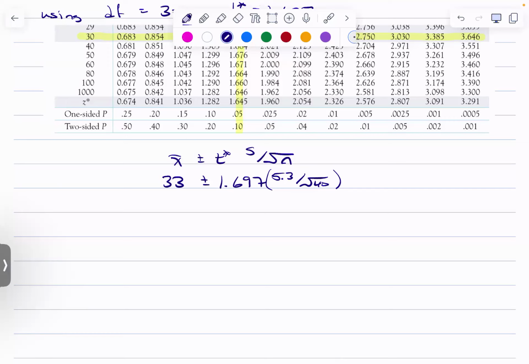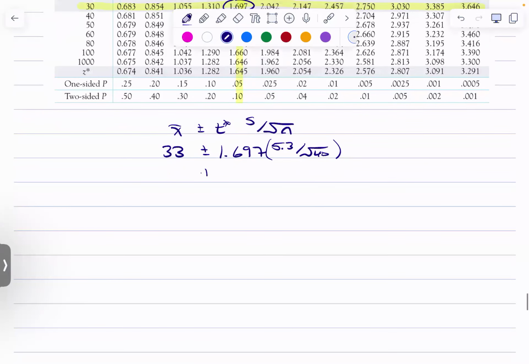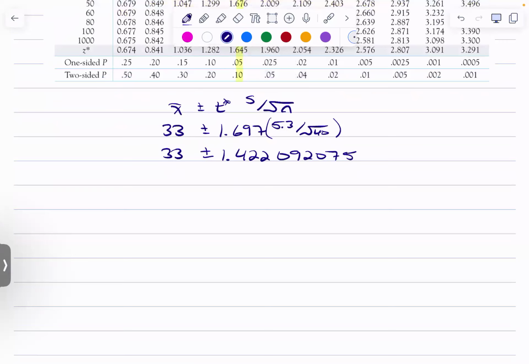Times 1.697, I get a margin of error of 1.422092075. 33 minus that puts me at 31.578, and 33 plus that, 34.422 to 3 decimal places.